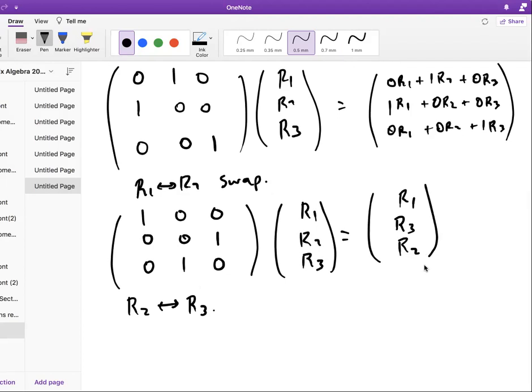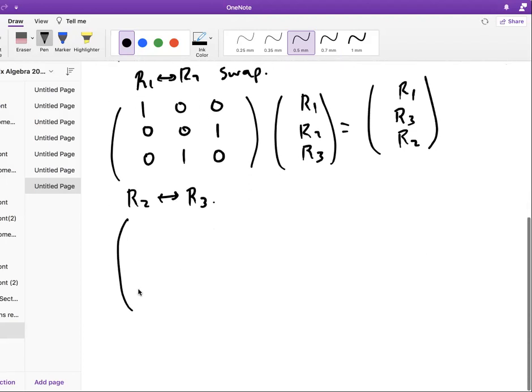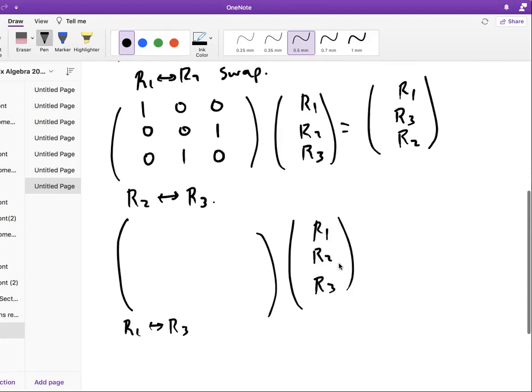So are we kind of seeing the pattern here? So let's do row 1, row 3. That's the last type of swap we can do, right? It will be row 1, row 3 swap. No, yeah, it's fine. It's first time seeing it, so can't really think fast yet. Yeah, that'd be 0, 0, 1.